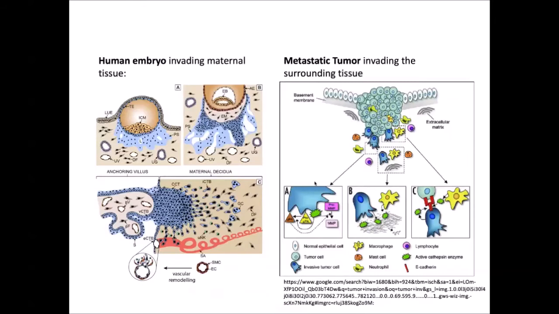For instance, the human embryo is invading the endometrium at the beginning of pregnancy, and cells are invading the endometrium in a quite similar way as metastatic tumors invade the surrounding tissue when they start becoming malignant.